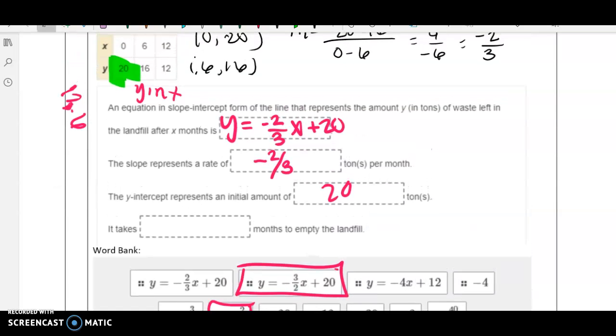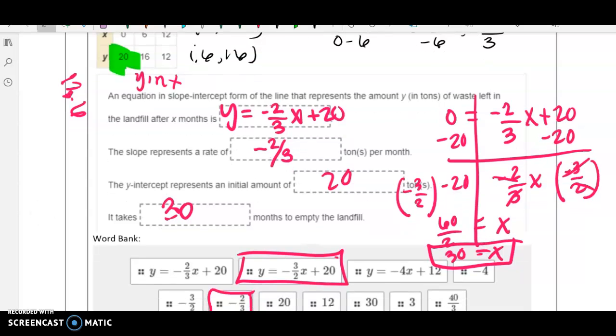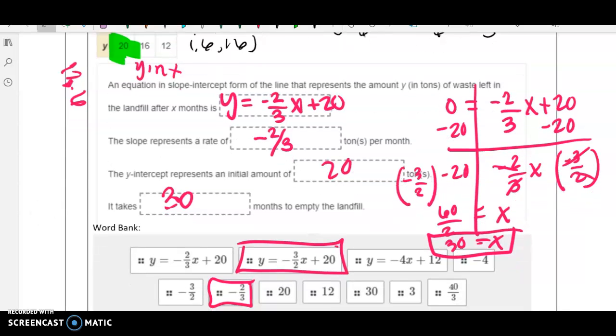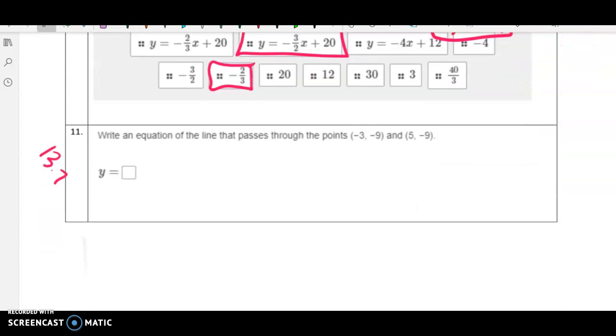That means that if we want it to be empty, we're going to plug in 0 for y and solve for x. So let's solve for x. And you can see that I got 30 months. And so it takes 30 months to empty the landfill, sorry.